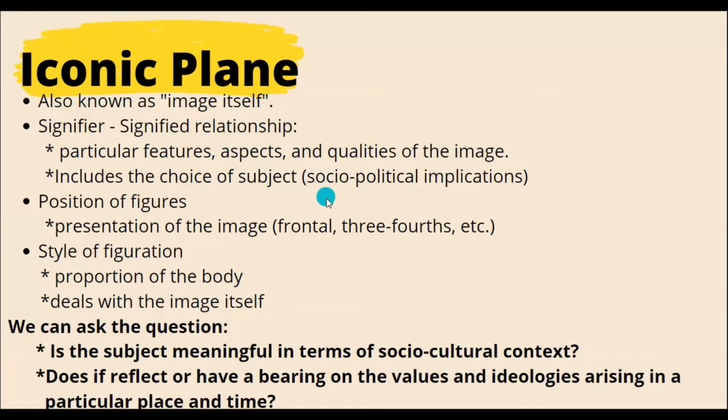This includes the choice of subject, socio-political implications, the position of figures, and the presentation of the image, whether it is frontal or three-quarter view, or distant so the figure appears smaller. It also includes the style of figuration, the proportion of the body, whether normal or exaggerated. So this deals with the image itself.